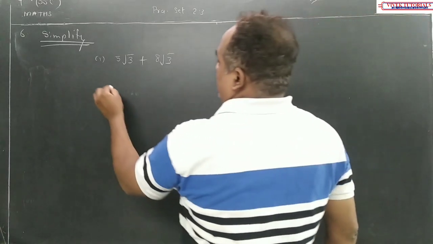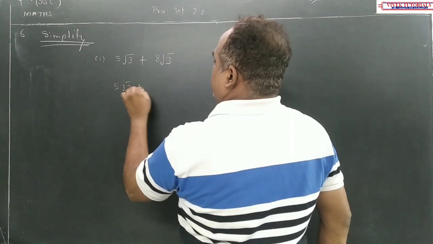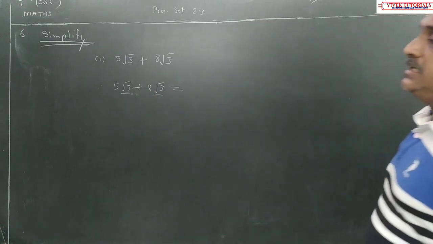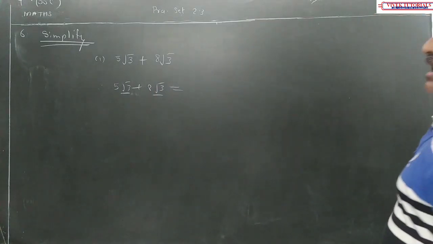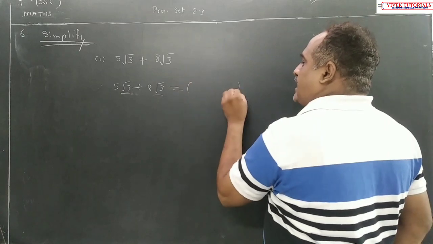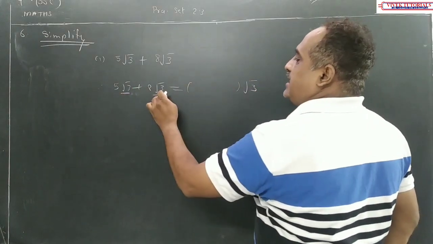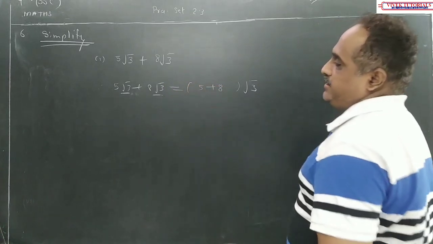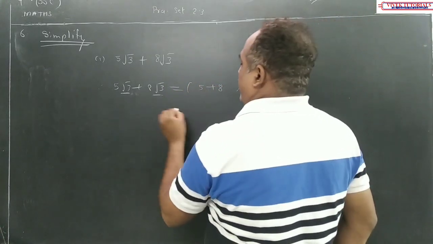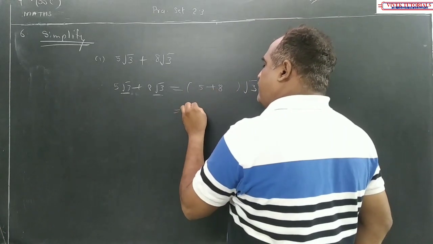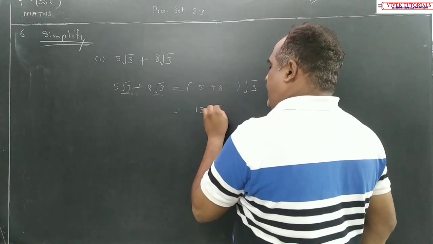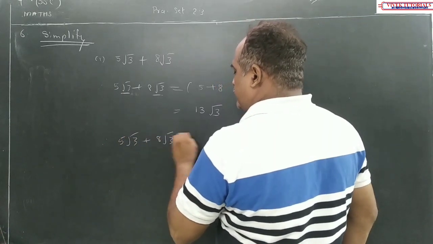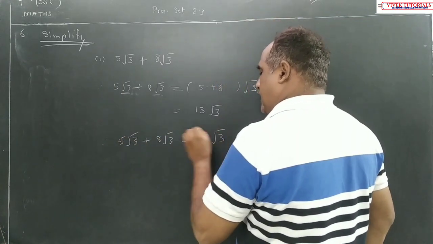Now if you see 5 root 3 plus 8 root 3, root 3 are what? Like surds. That I can take it out. Like x is there. So if we take the x term out, what remains inside? 5 plus 8. So ultimately 5 plus 8 is 13. It becomes 13 root 3. So 5 root 3 plus 8 root 3 is equal to 13 root 3.